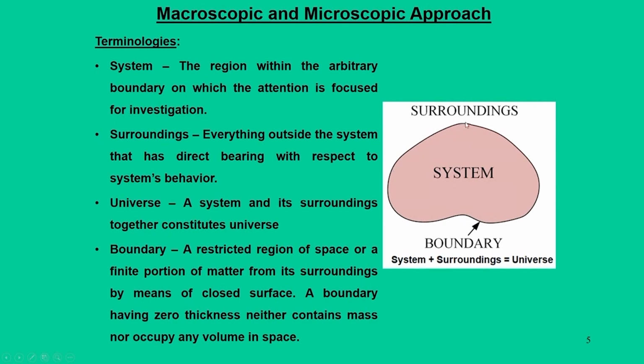There are possibilities that we can think of this boundary as a fixed boundary, or we can say it is a stretchable boundary or moving boundary. So, depending on the requirement, system and surroundings are separated by a boundary, and when integrated together, we call them a universe.